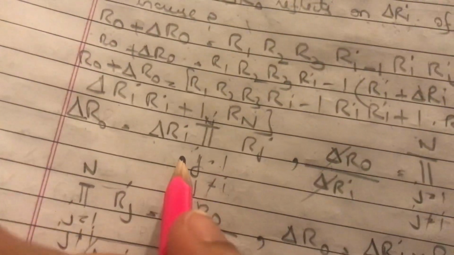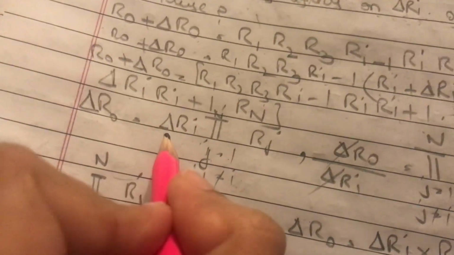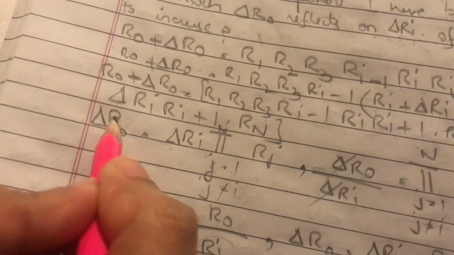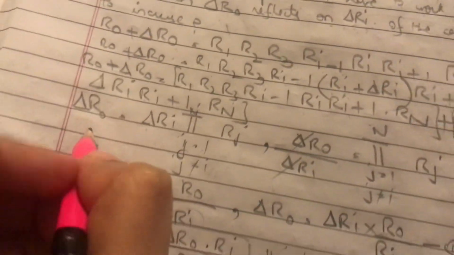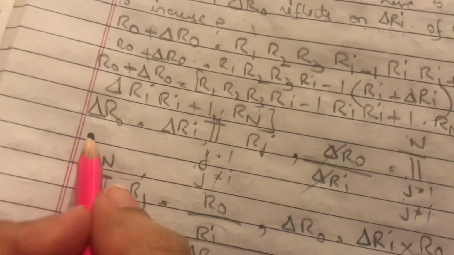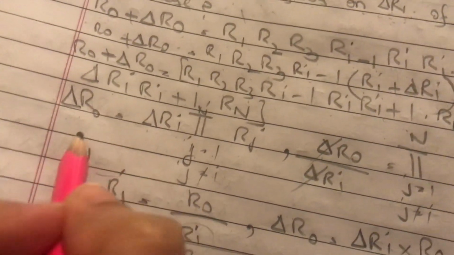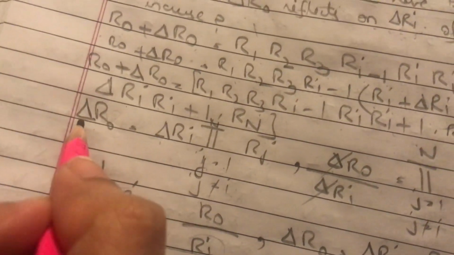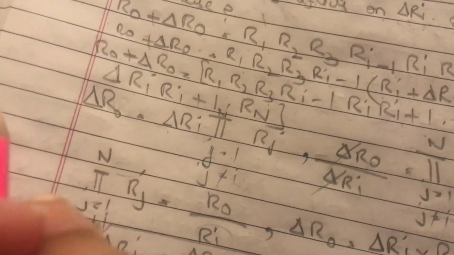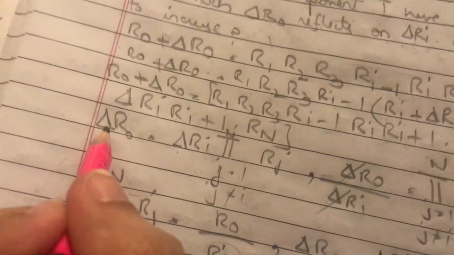Now what is the next step? We have to find out Ri, the lowest component, the component which has the lowest reliability.